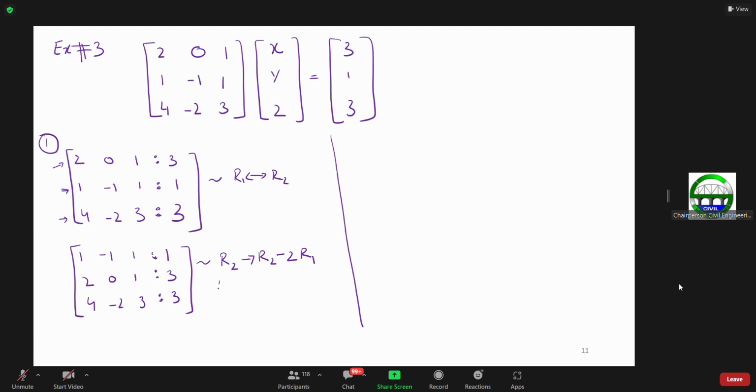And then R3 will be equals to R3 minus 4R1, correct? So if I put this operation in here, my augmented matrix will be 1 minus 1, 1, 1, and then my augmented R2. So in here, what will be the R2 in this one?